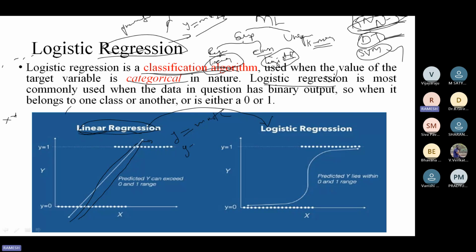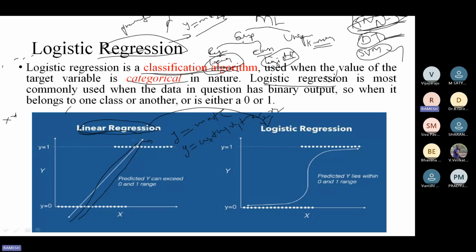Otherwise y is equal to w naught plus w1 x1 plus w2 x2. These types of equations we are going to form finally. Understood?